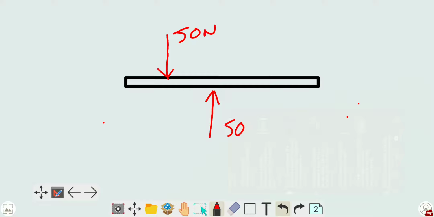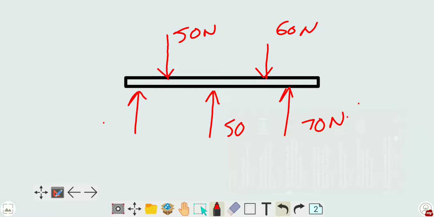I'm placing forces so that I can represent the final force at some point. I'm taking another force which is 16 newtons and another force which is 70 newtons, maybe 50, 60 and 70. And let us take another force which is pointing upwards, let us say it is 40 newtons maybe. These are the forces which are acting on the body.